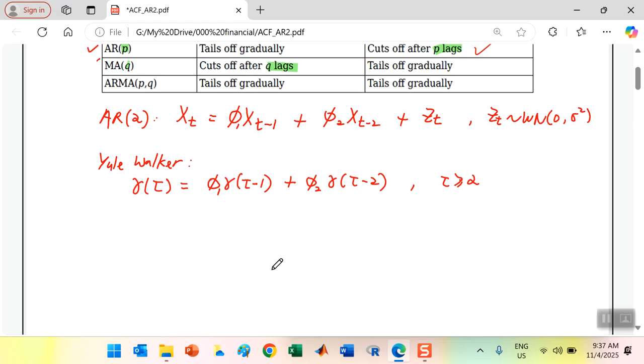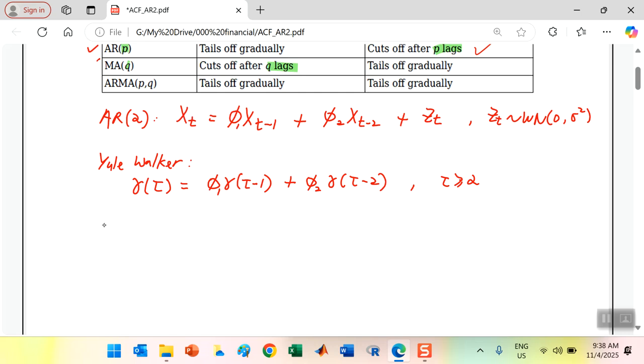So in order to find the covariance of xt, this series here, the xt can be a price series, return series, or even a volatility series.